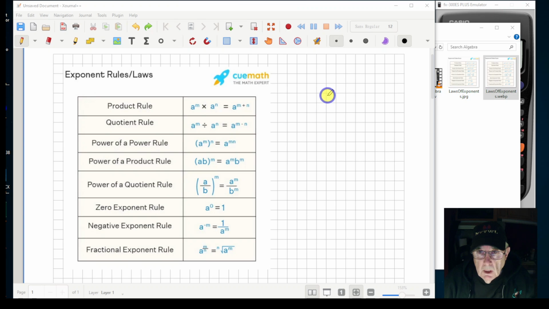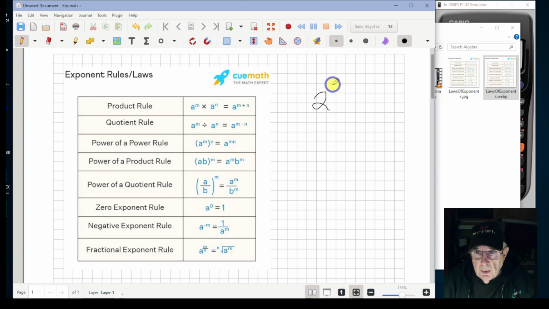Let's use a number first. We have a number 2, and then we have an exponent of 3. This is referred to as the base, and this is the exponent.